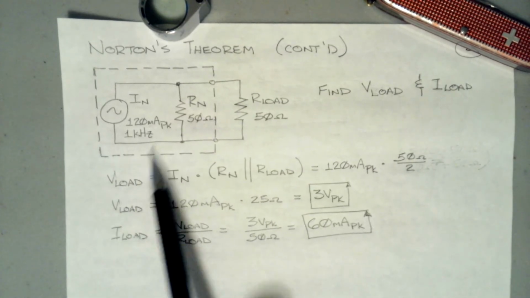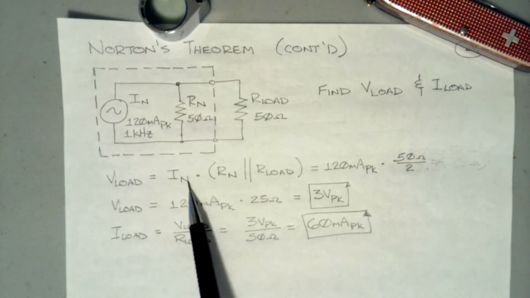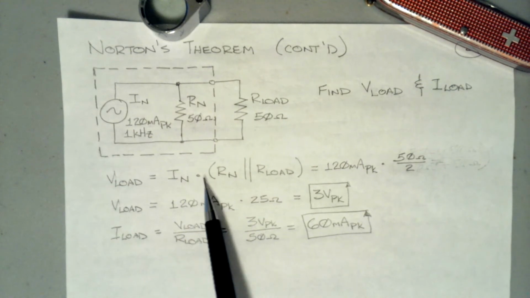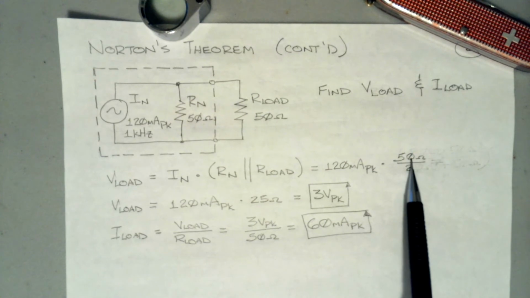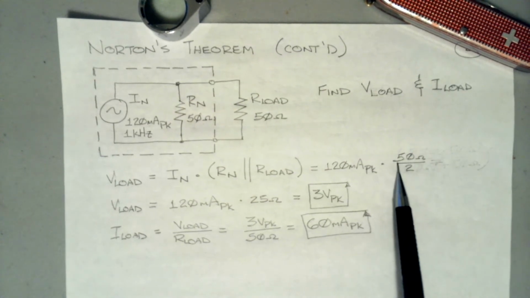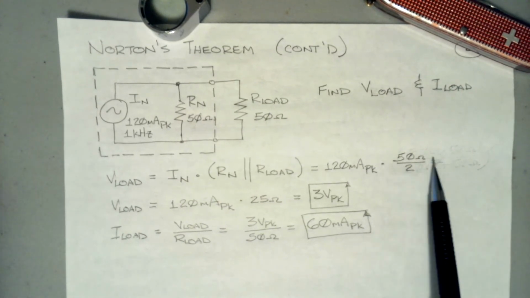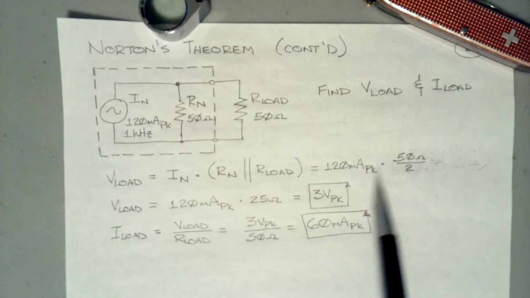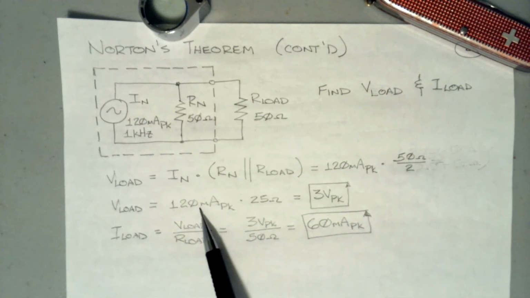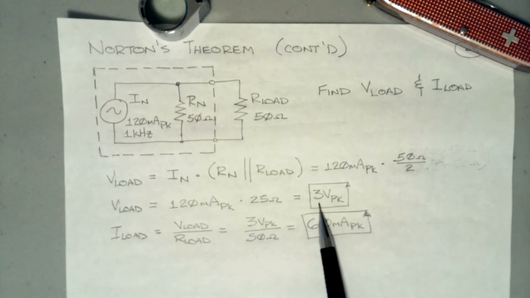But if you want to do it for sure, the voltage across the load equals the Norton current times the parallel combination of R Norton and R load. Two 50 ohm resistors in parallel: whenever you have N resistors of the same value in parallel, you take that value and divide it by N. So that's 50 over N, and you get 120 milliamps peak times 25 ohms, which is 3 volts peak, and that's the same answer we got in the Thevenin example.